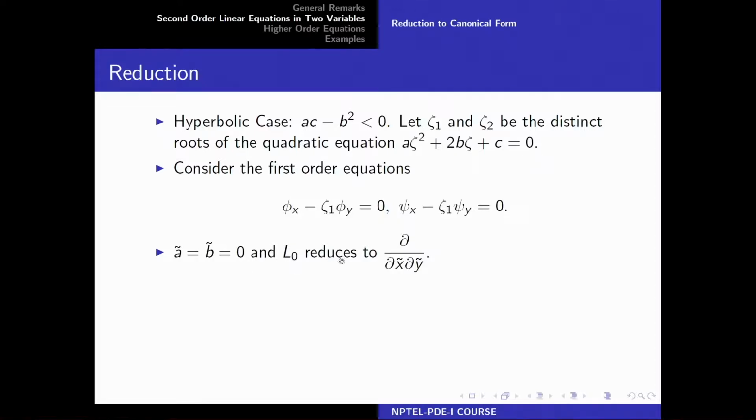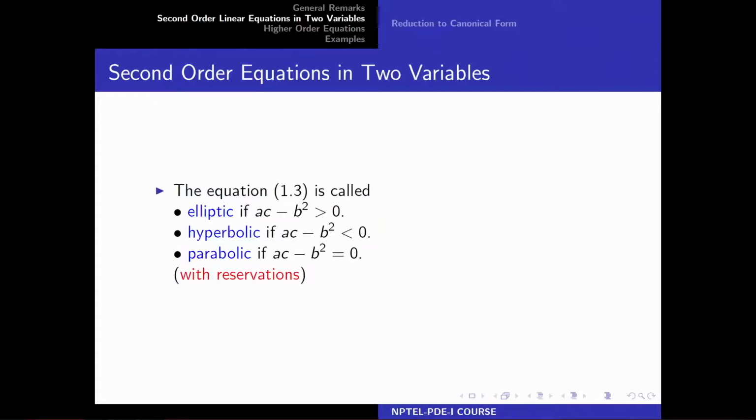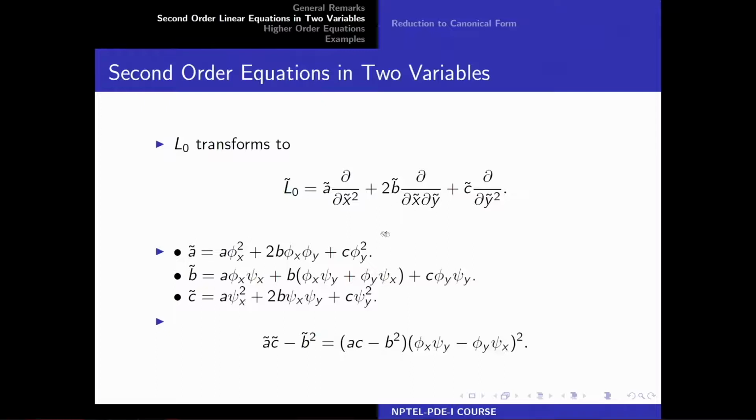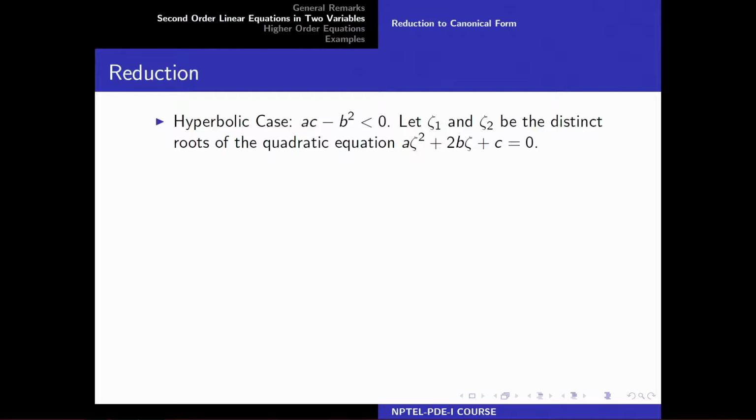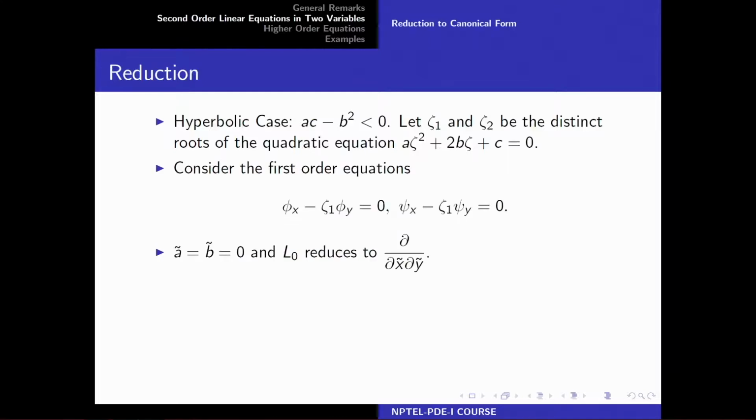And so, L 0 reduces to only the middle term, the mixed derivative. So, A tilde is 0, C tilde is 0. So, you get only this mixed second order derivative, and just one more step to get rid of that mixed derivative.